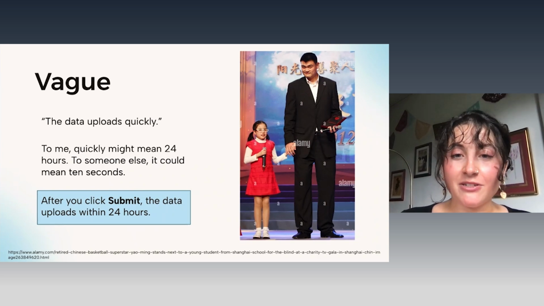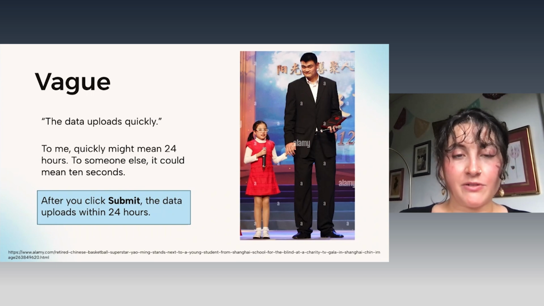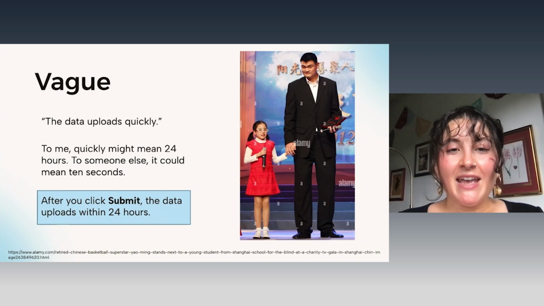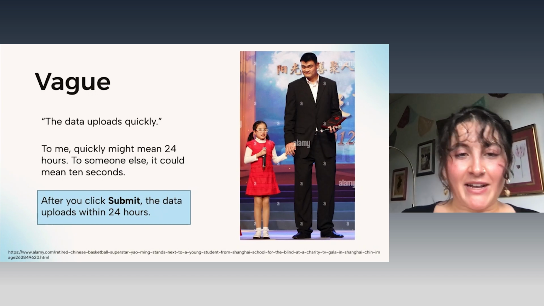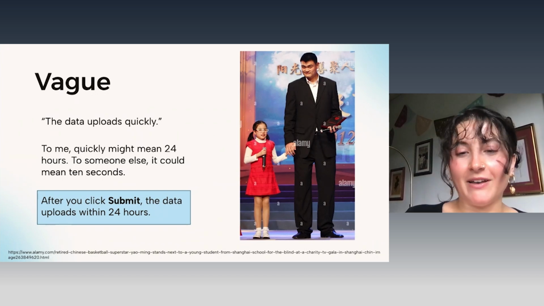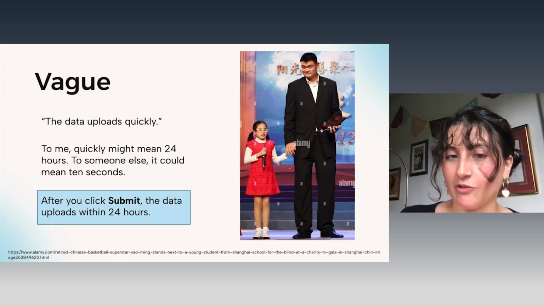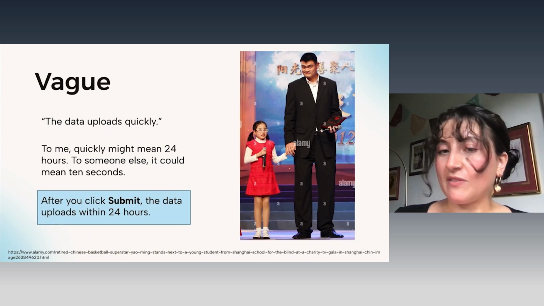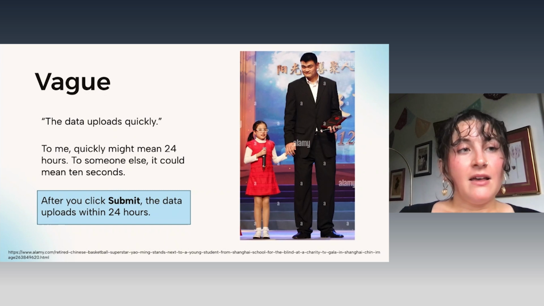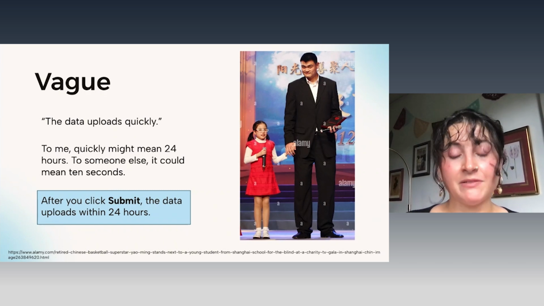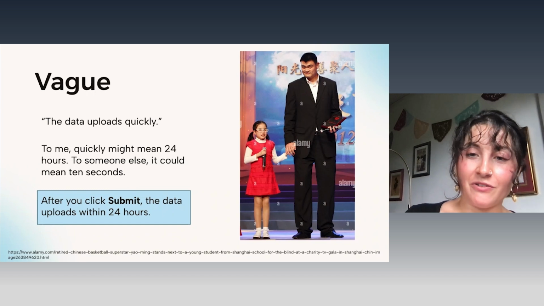And I have a picture here of Yao Ming, who, if you aren't familiar with, was a very tall basketball player. And I have this picture with him next to a child because it's a great way to understand another term called indeterminacy. So there's a famous example of indeterminacy: Johnny is tall for a basketball player versus June is tall for a kindergartner.